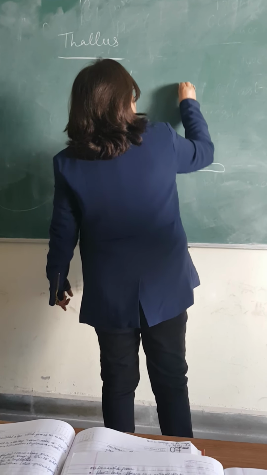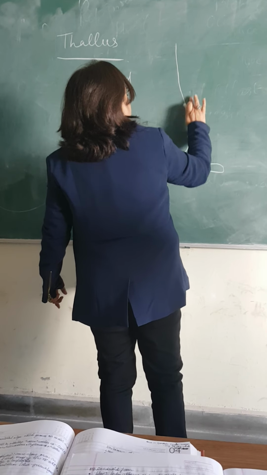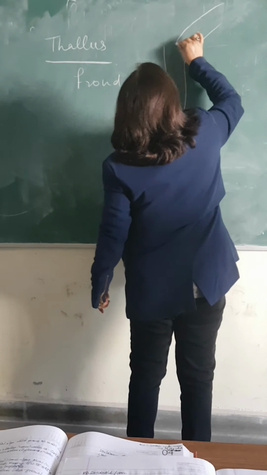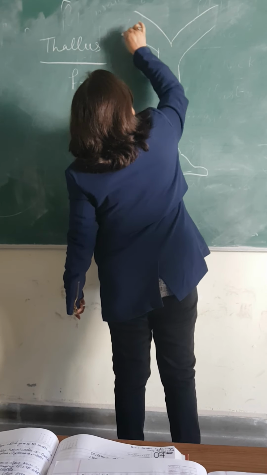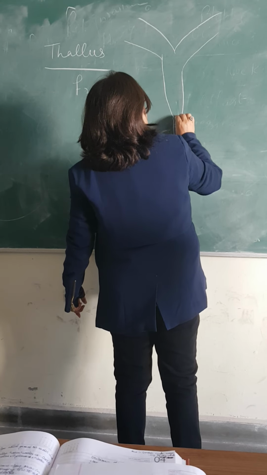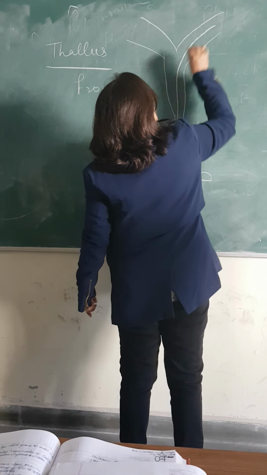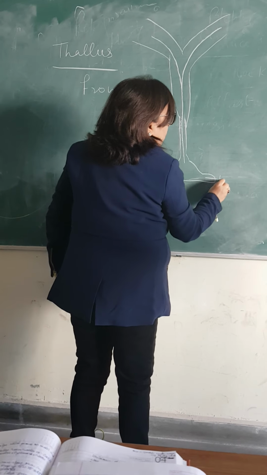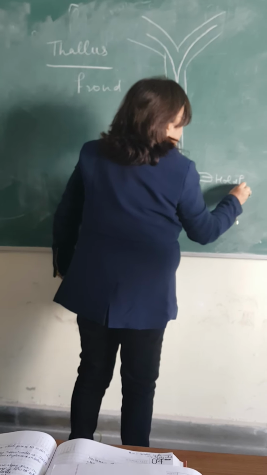You see the structure. The thallus is usually formed of three parts. The lowermost portion is known as holdfast.